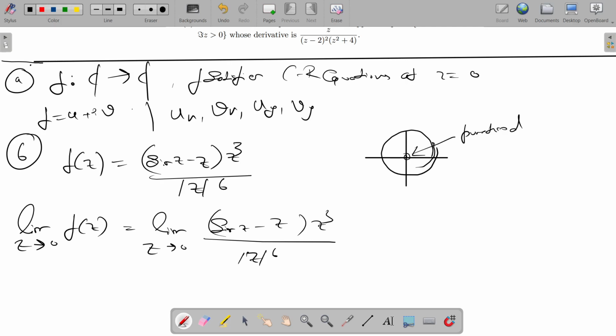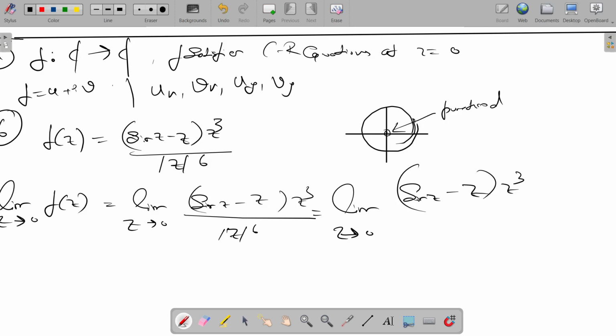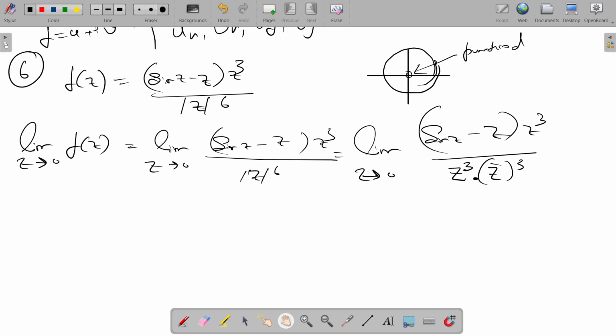So since it's mod z square to the power 3, this will turn out to be the limit as z tends to 0 of sine z minus z cube, divided by z cube times z bar whole cube. Since z tends to 0, we can actually do this.